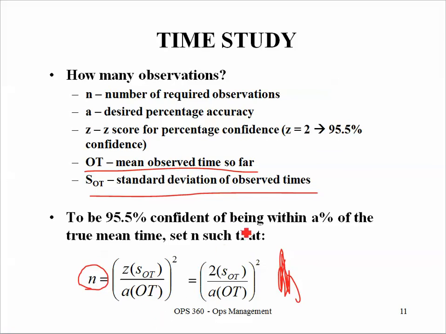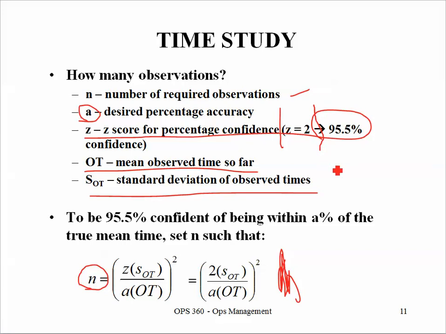and see, well, is that a sufficient number of observations, or do I need to collect many more observations? So if I'm trying to find n, the number of necessary observations, and my desired percentage of accuracy is a fraction I'm going to call a here, and the confidence I want to have in that estimate is, say, 95.5%, which corresponds to a z-score of 2, and we'll talk more about z-scores later.